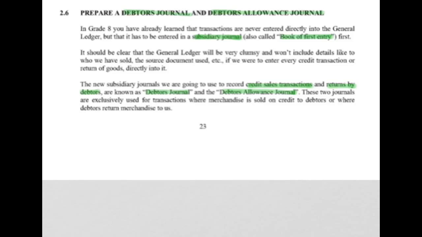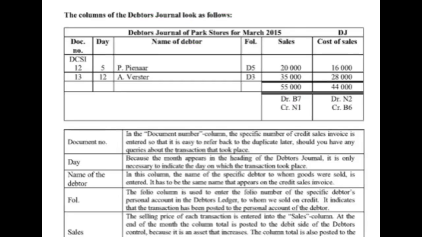Now these two journals are exclusively used for transactions where merchandise is sold on credit to debtors, or where debtors return merchandise to us. So up to now you have been used to the CPJ and the CRJ, which are quite lengthy journals.